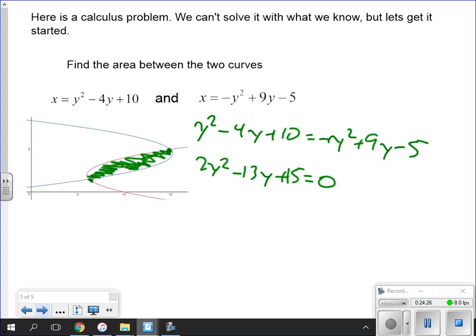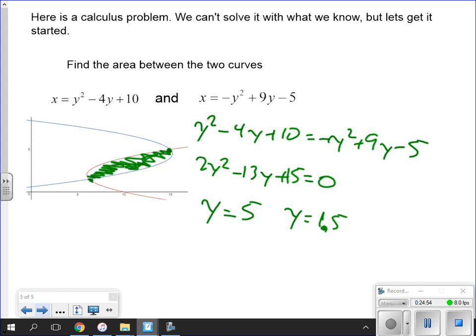This is factorable, where you can use your calculator or whatever. I'm not going to worry about doing that step on this one here. You do end up getting 2 points of intersection for your y. You get y equals 5, and y equals 1.5, which is 3/2, right?